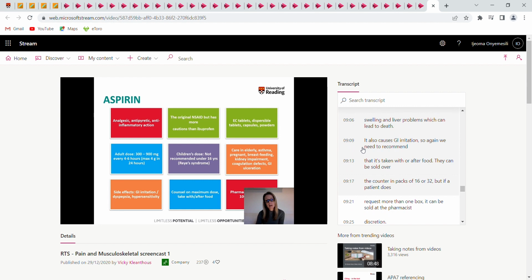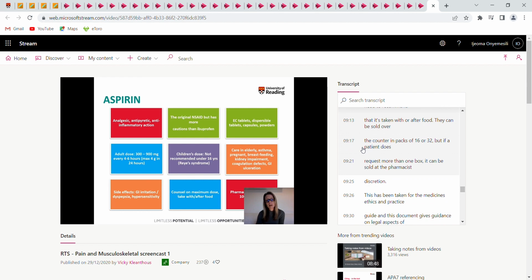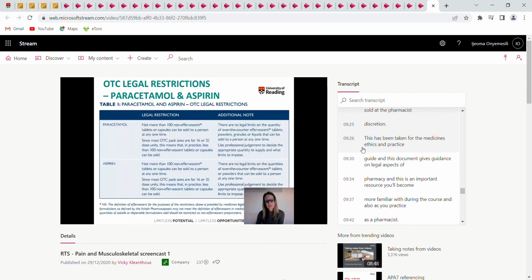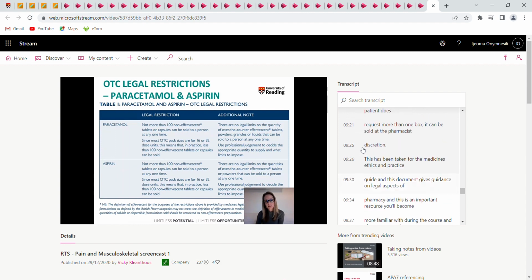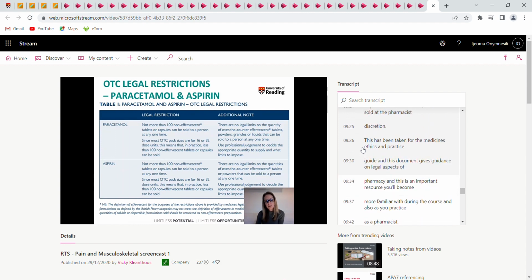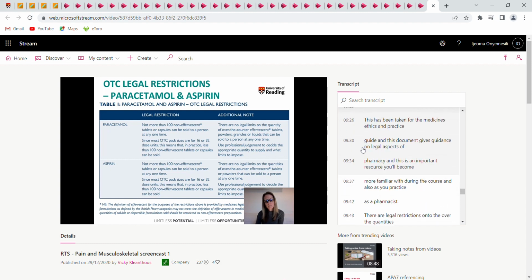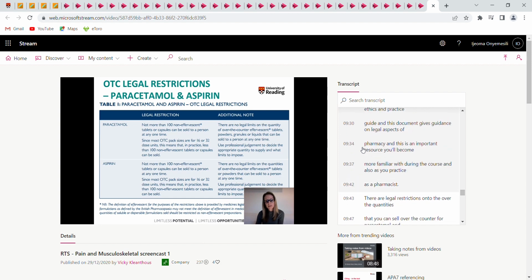They can be sold over the counter in packs of 16 or 32, but if a patient does request more than one box, it can be sold at the pharmacist's discretion. This has been taken from the Medicines, Ethics and Practice guide, and this document gives guidance on legal aspects of pharmacy. This is an important resource that you'll become more familiar with during the course and also as you practice as a pharmacist.